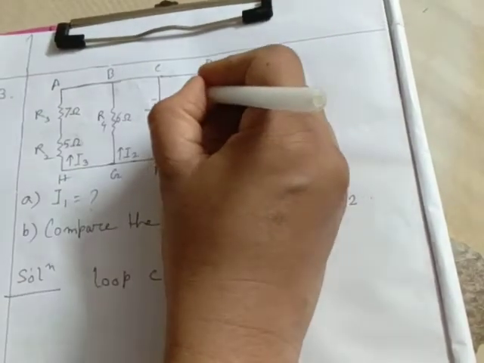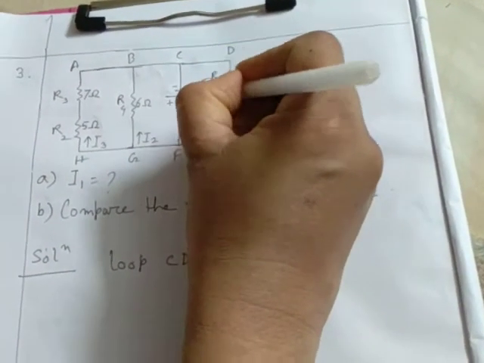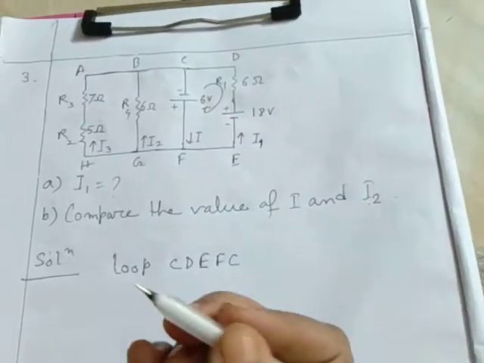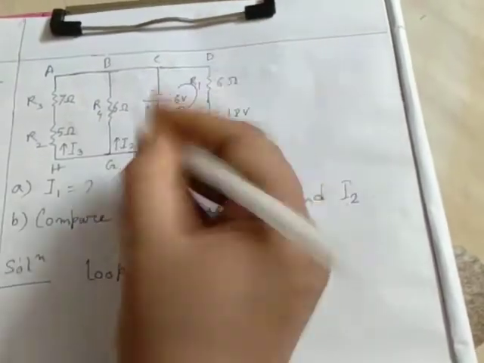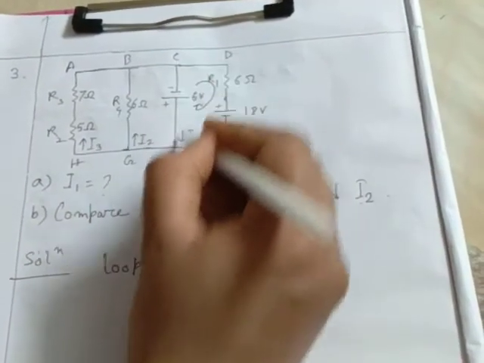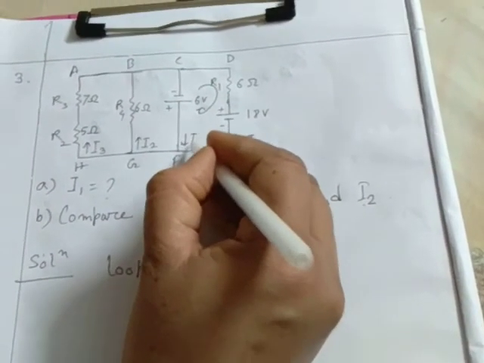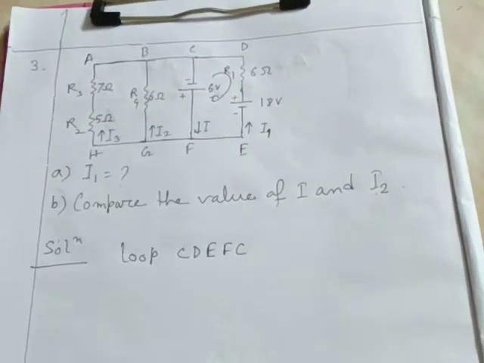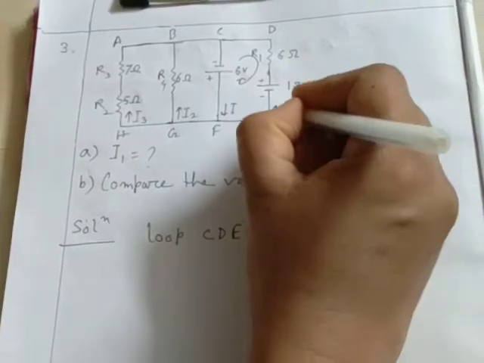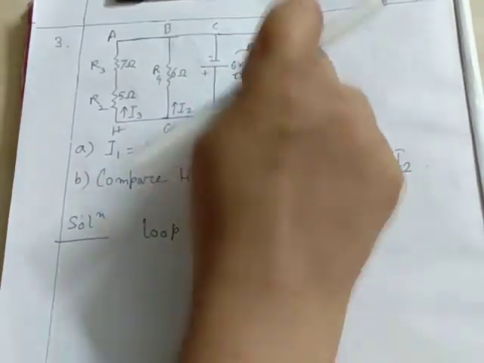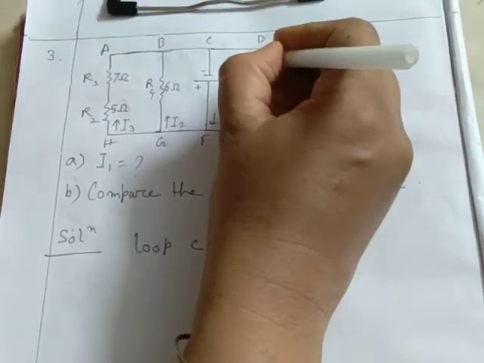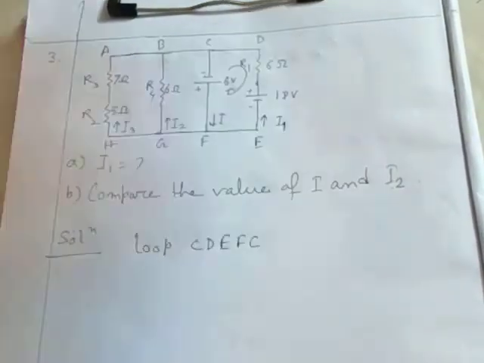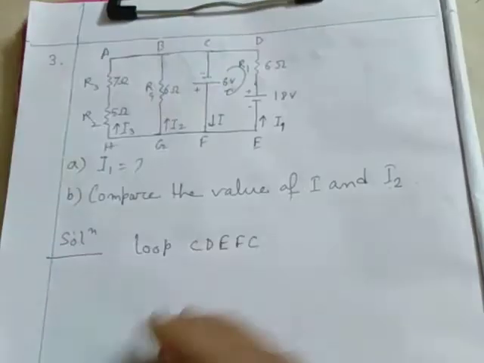Here if we move clockwise, that means in this direction, you can choose any direction, clockwise or anti-clockwise, no problem. So here you can see the main current is I. The current I is divided into 3 parts, that is I1, I2 and I3, and we have to find out the value of I1. Now the direction of I1 is in that direction, but we are measuring the voltage moving clockwise, that means in this direction.